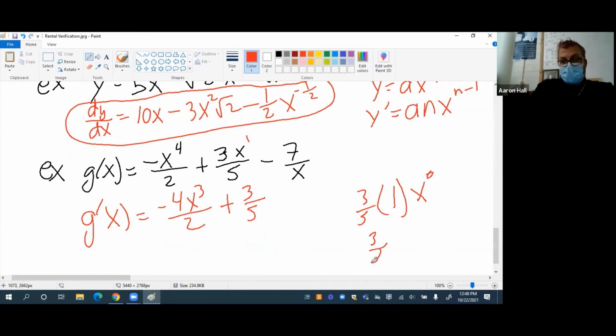So I have 3/5 times 1 times 1, which is just 3/5, if you're using the power rule. Or you can use our constant multiple rule.